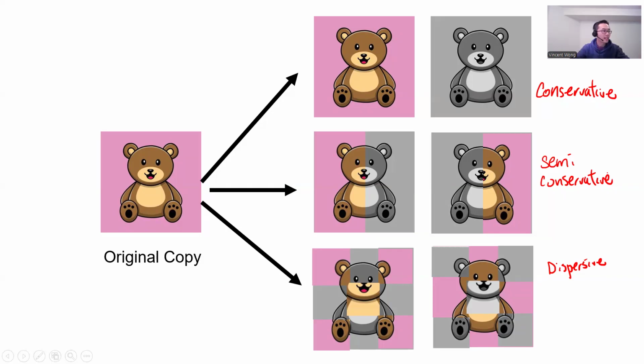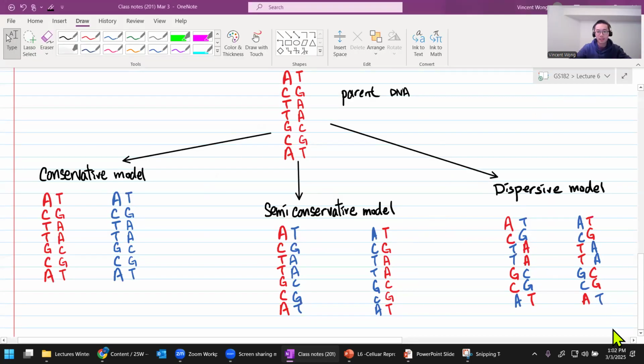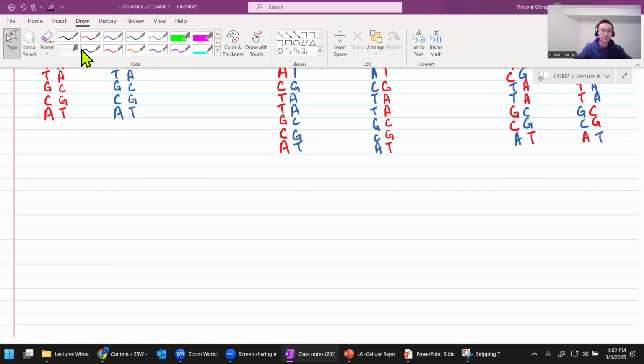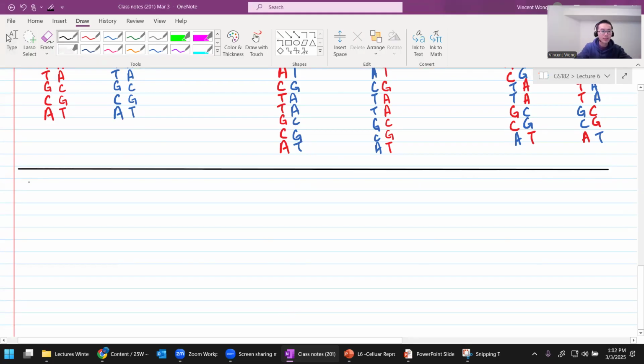If you're good with these meanings, then I'm going to explain the Meselson and Stahl experiment for you. Like I said, just stop me if you need me to explain. Here we go. This is the Meselson and Stahl experiment.